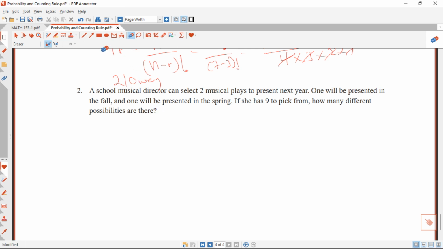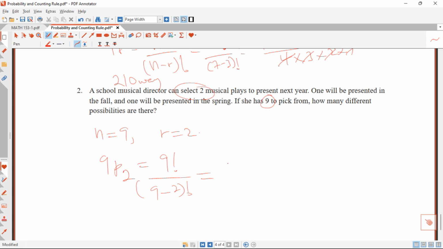Right? So here we know that he had a total of 9 to pick from, so our n will be equal to 9. And then he had 2 musical plays to present next year. So 2 of them are being selected, so our r is equal to 2. So you are going to have 9P2, which will be equal to 9 factorial divided by (9 minus 2) factorial.